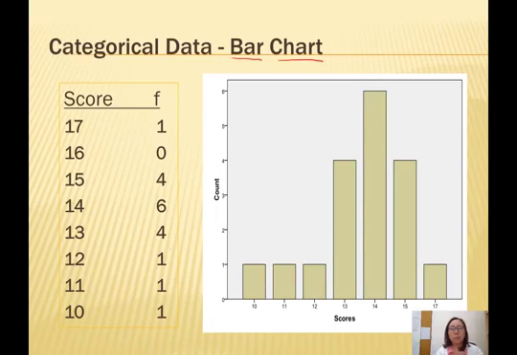But before we begin to look at the graph a little bit more carefully, you'll see the vertical line that's labeled as count, and the horizontal line that's labeled as scores. So we want to list the scores in the way that they appear in the frequency table. And where the 2 lines meet, the vertical and the horizontal, we want to place a 0 there. That's the lowest point.